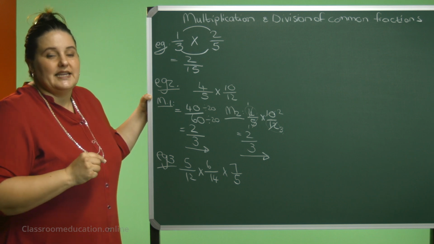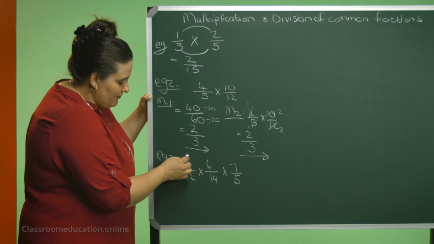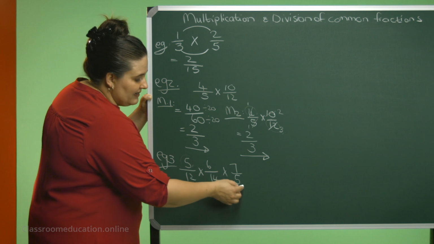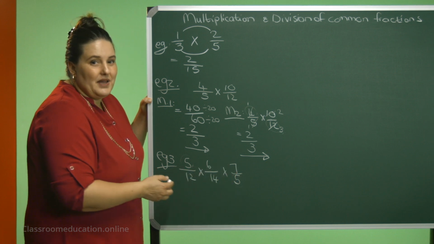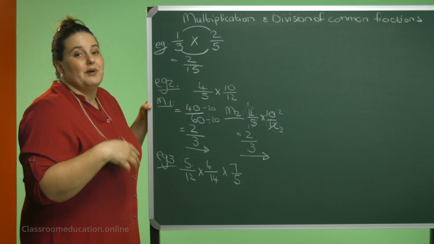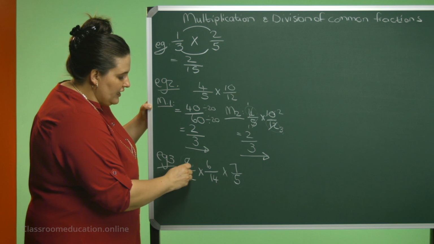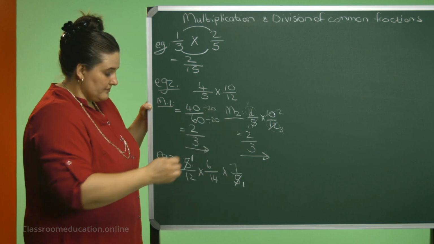Or you can say, let's cancel out first. So I have a 5 here in my numerator and a 5 there in the denominator. And because it's being multiplied, I can do the opposite operation by cancelling out by dividing. So 5 can go into itself once and 5 can go into itself once.